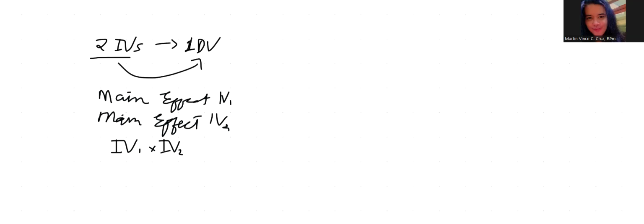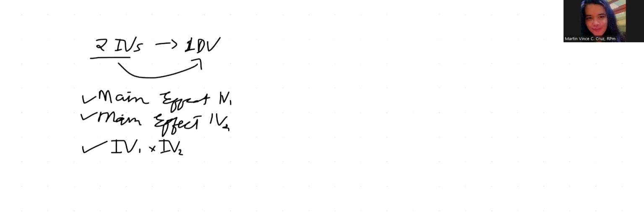So we can test simultaneously for the effects of our two independent variables, then we can test as to whether or not may interaction between the two independent variables.